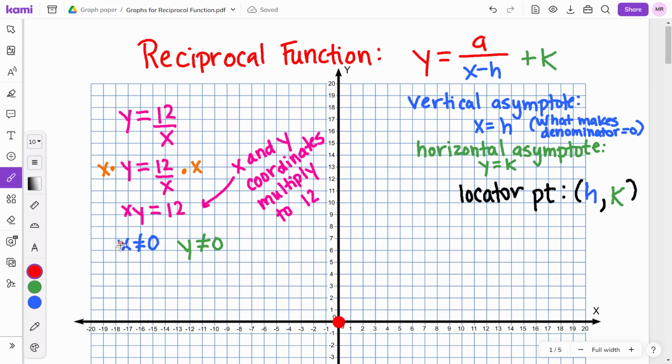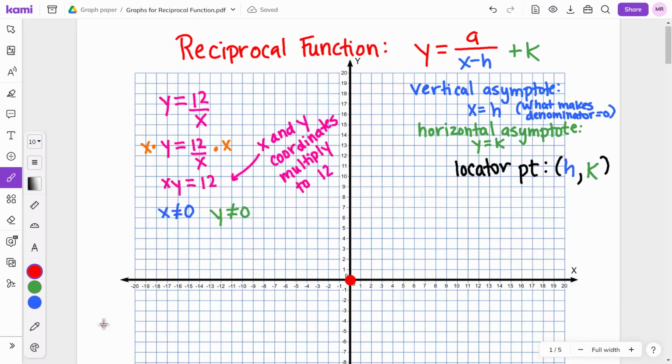So x cannot be 0, so that means I have an asymptote at x equals 0, because that's going to make this an undefined situation. And x is 0 on the y-axis, because as I'm going up and down this y-axis, my x is staying constant, but my y's are changing. So this is x equals 0. And then this horizontal is going to be y equals 0.